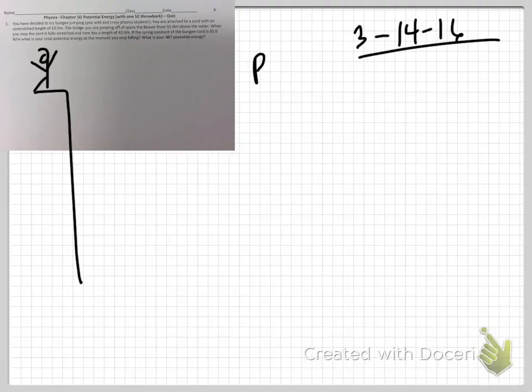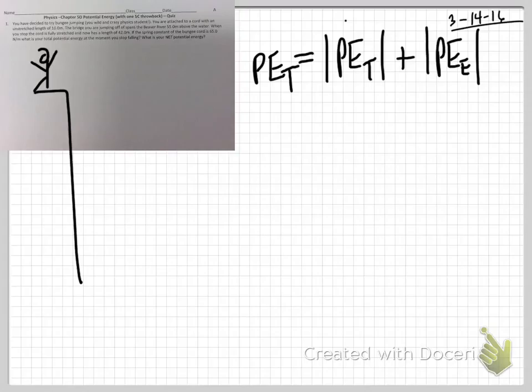To remember that, the way that I rationalized this for myself was the total potential energy is the sum of the magnitudes of the gravitational and the elastic.